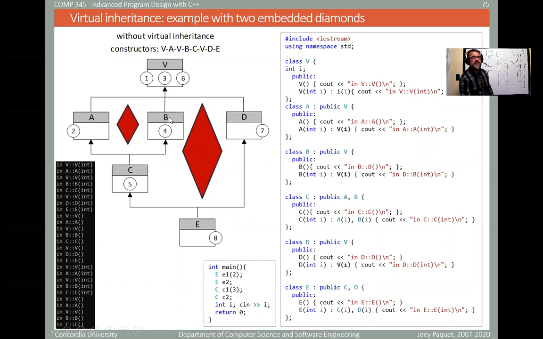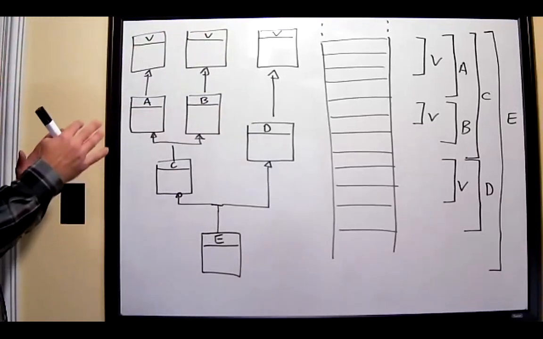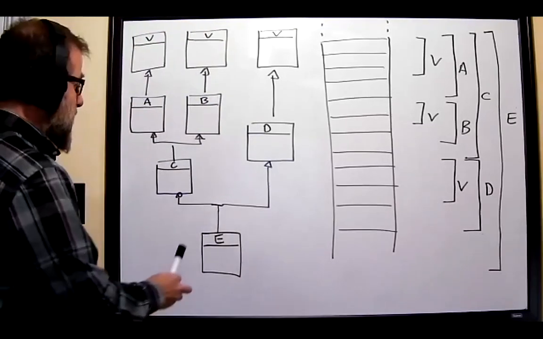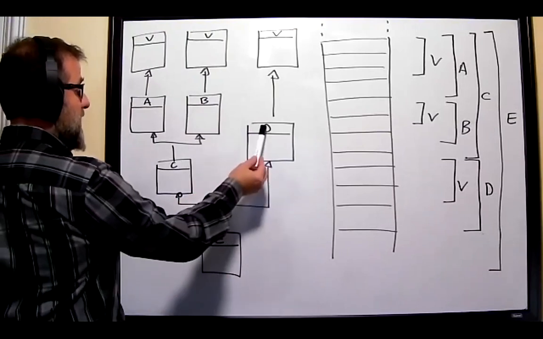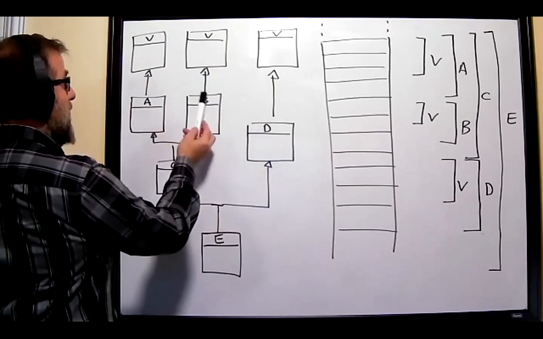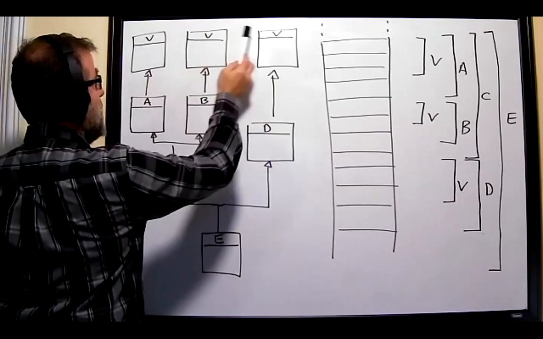However, if I show it without the diamonds, then E inherits from C and D, and C inherits from A and B, and then all of A, B, and D inherit from V.